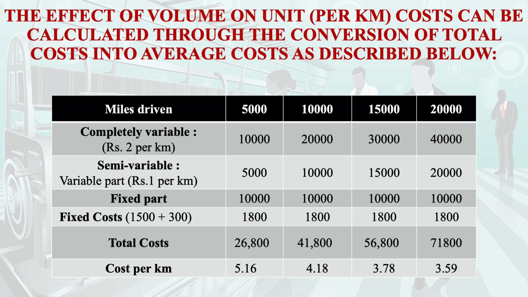Now I have shown with the help of a table that if the miles driven are 5,000, 10,000, 15,000 and 20,000, and on the left side we have the variable rupees 2 per kilometer, semi-variable cost, then fixed cost, then total cost.